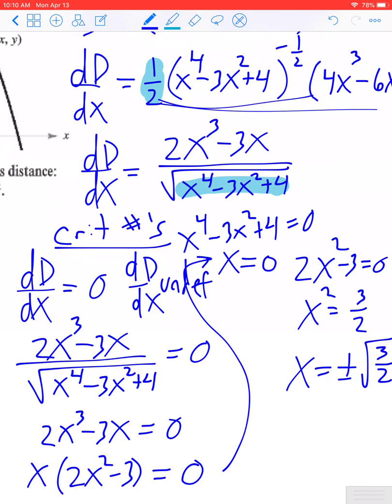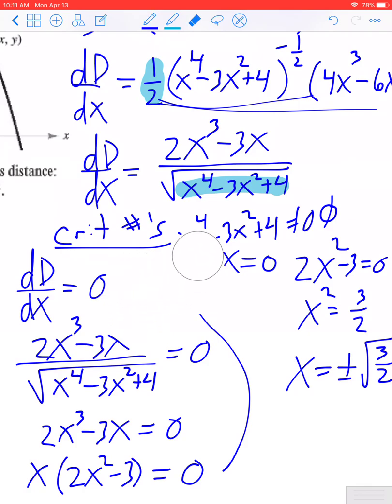That's solving a fourth degree equation. It's reducible to a quadratic, so you could use that technique. You could also use technology to graph it, to see what the graph would look like. But it actually turns out that that thing will not have any solutions. So x to the fourth minus 3x squared plus 4 is never equal to 0, and therefore we don't get any critical numbers of the second type.